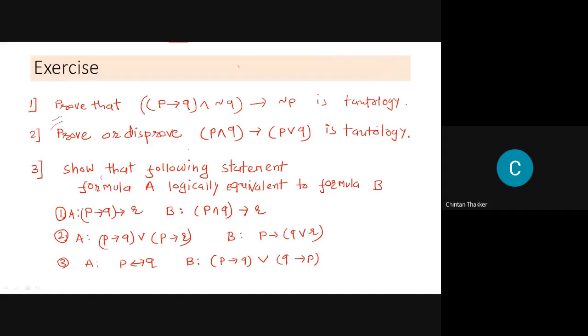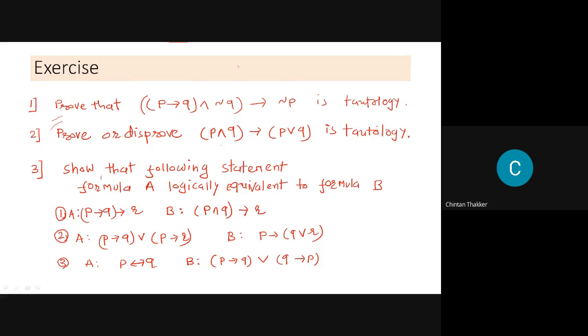Then here for the second, most of you have done the first. Now in the second, P and Q, so conjunction.